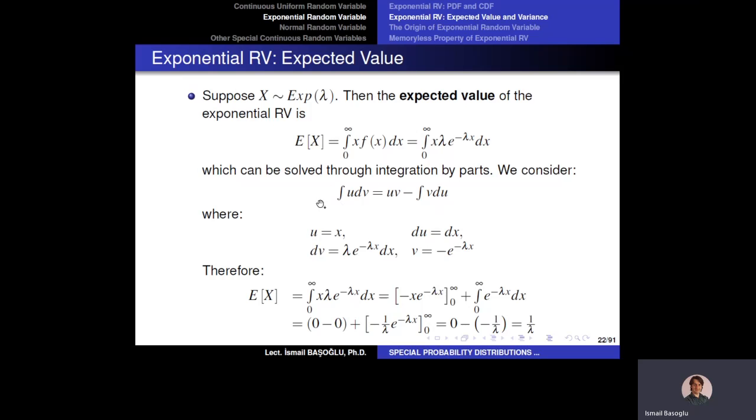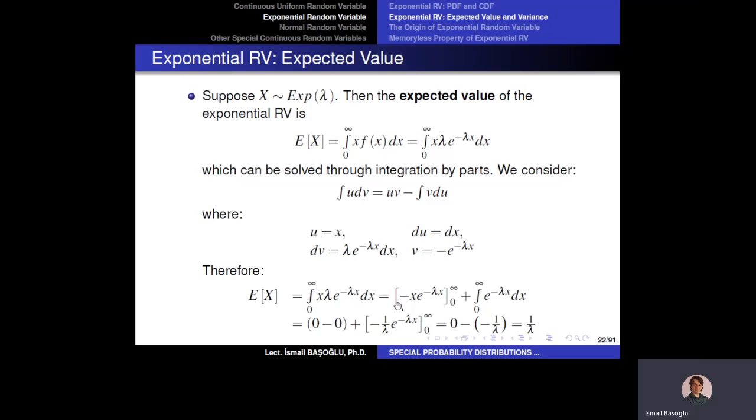And by using this formula, we can rewrite the integral that computes the expected value as u times v, which is x times minus e to the power minus lambda x, and integral v times du, which is minus e to the power minus lambda x dx. However, because there's a minus sign here and minus sign here, the intermediary sign becomes a plus sign.